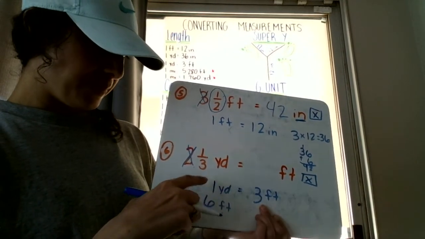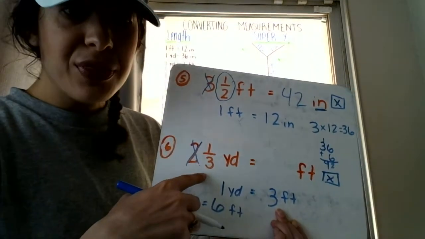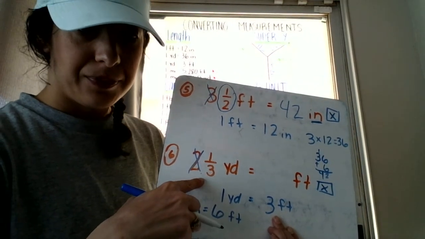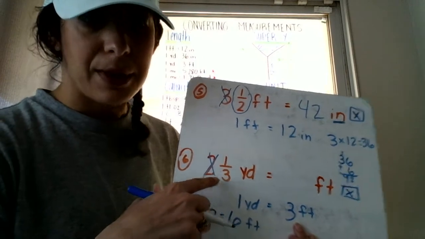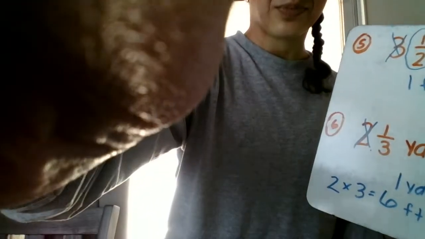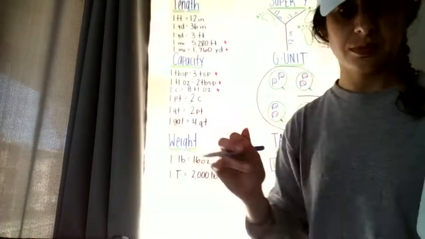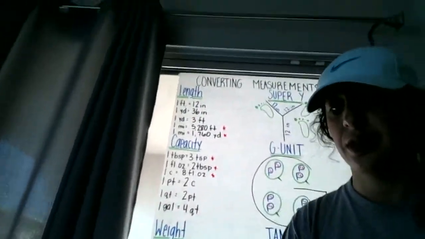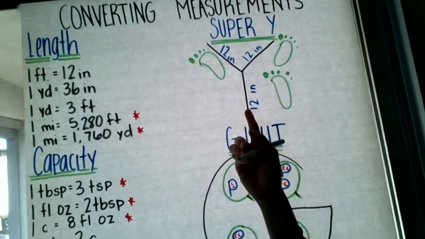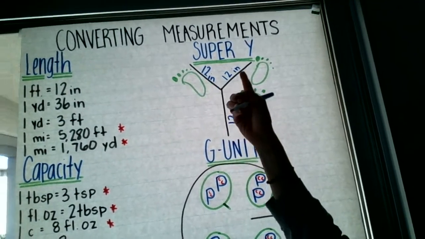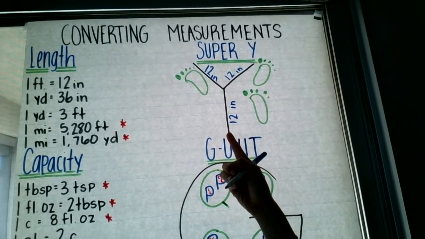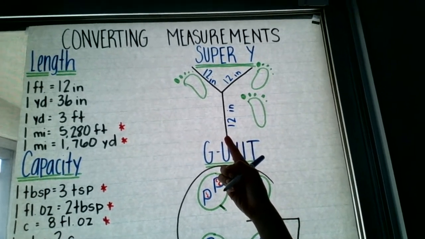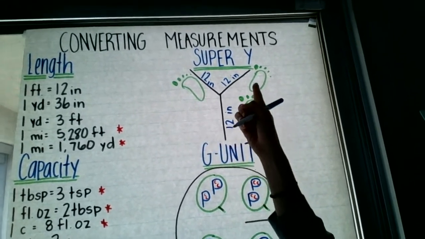That's 6 feet. Now, 1/3 of a yard. Let's think about it. Let's look at our super yard. Let's get closer. Can you guys see it? All right, our super yard. In 1 yard, there are how many feet? 1, 2, 3.